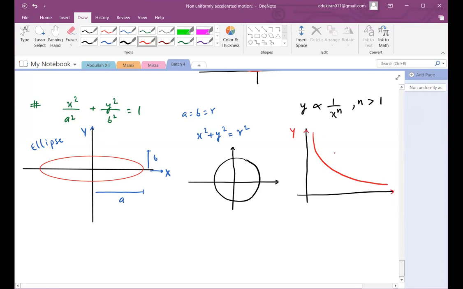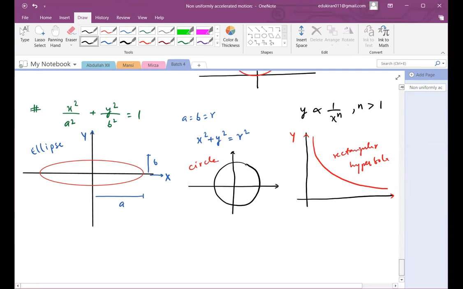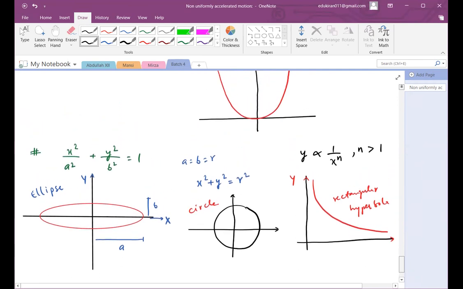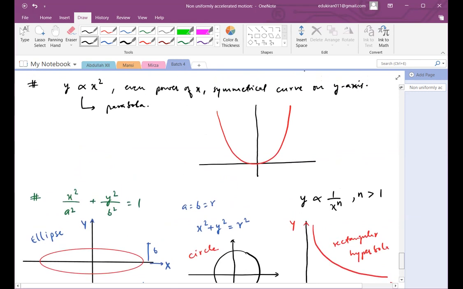Y, x, and this will be the circle. Is it clear till this part? Yes, sir. Okay, just write it down.